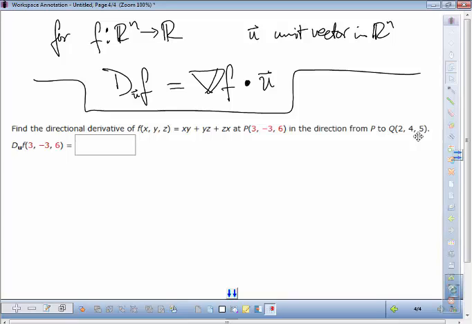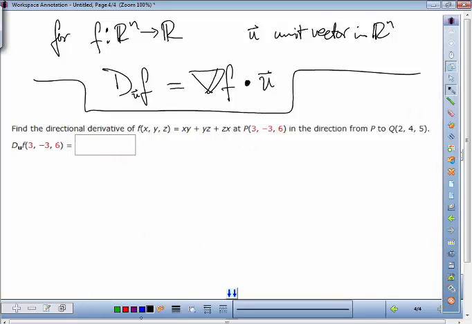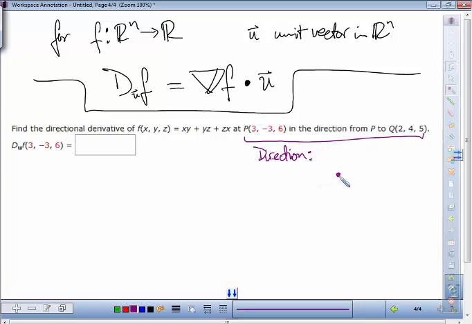Okay, so I suppose we should do that first since we've been talking about it, and then we'll figure out the gradient in a little bit. So let's focus on identifying our direction. First of all, we're going from the point (3, -3, 6), and we're going towards the point (2, 4, 5).